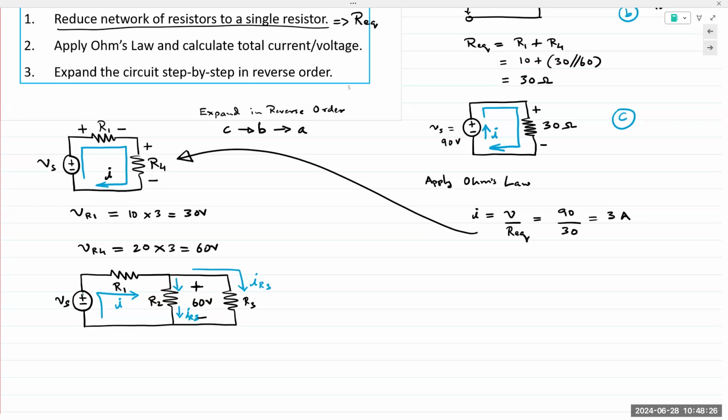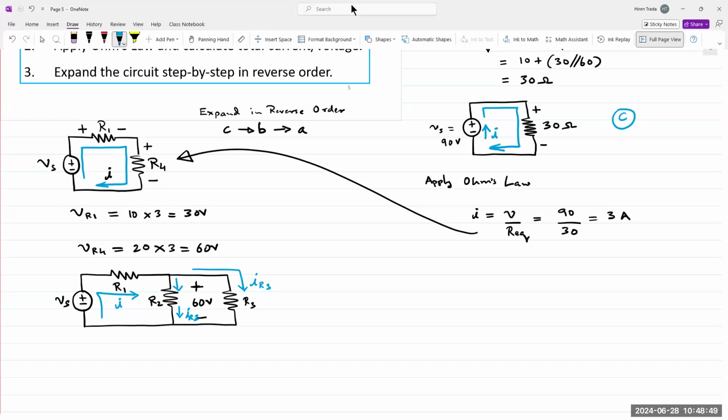Okay, IR2. Naming convention is up to you. You can label it whatever you wish. Okay, IR2 and IR3. We have the voltage across R2 and R3. Apply Ohm's law again and find the current. Let's take a 10-second pause before I do that. Let me know if you have any questions.